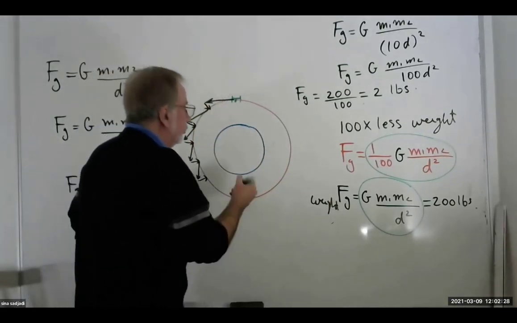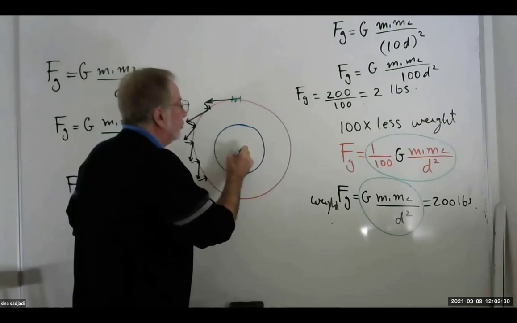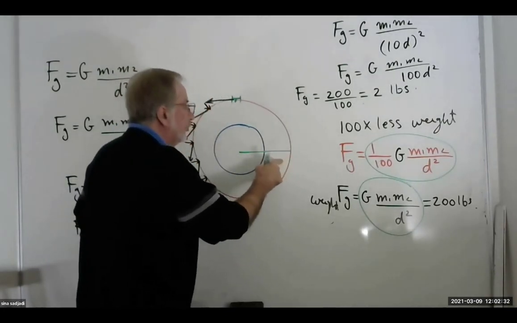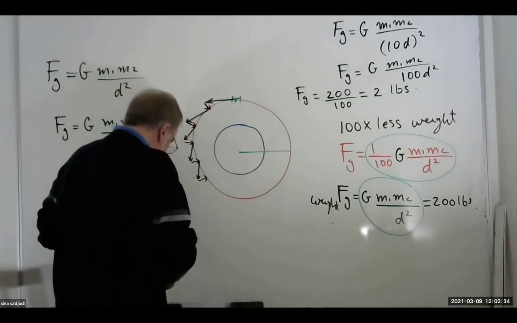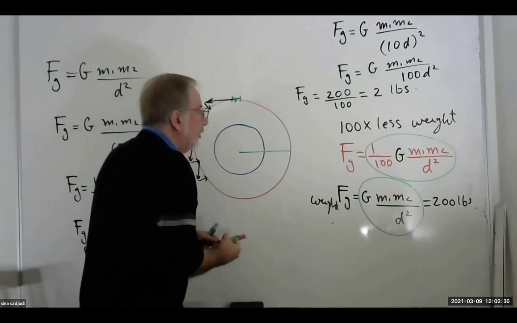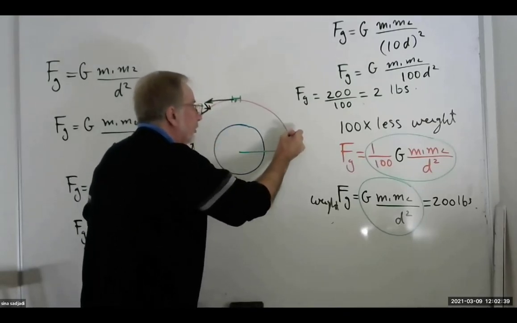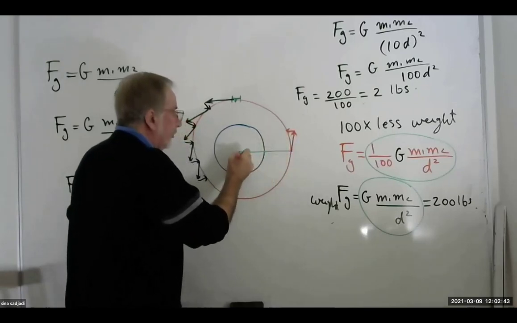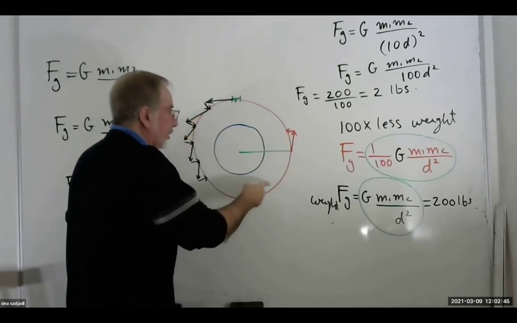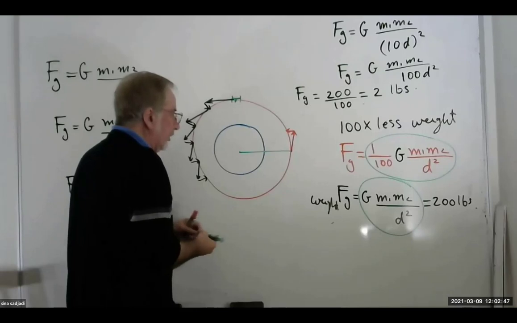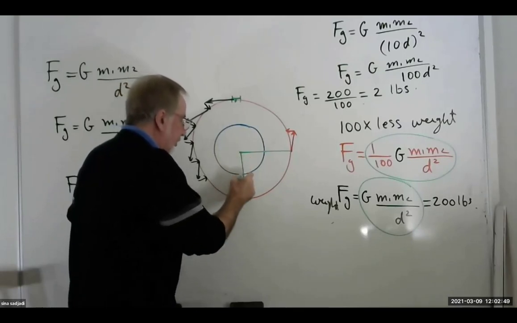You draw a line from the center of the earth to the motion of this guy here. So what it's really doing here is that it's moving this way, and then it's falling towards the earth. Now, this motion here is a line perpendicular to this green line.